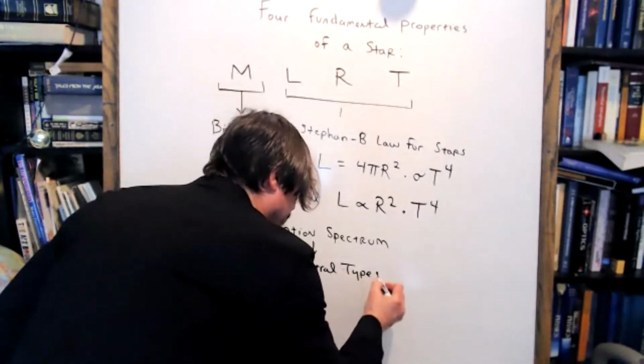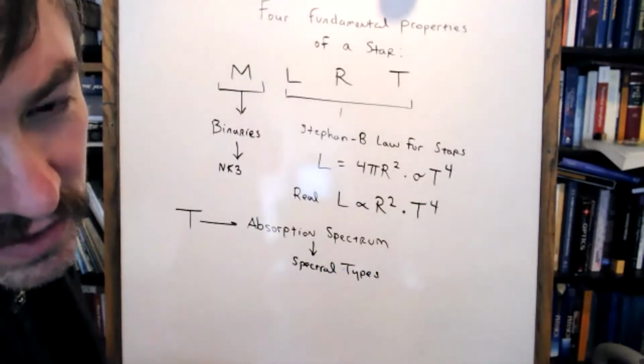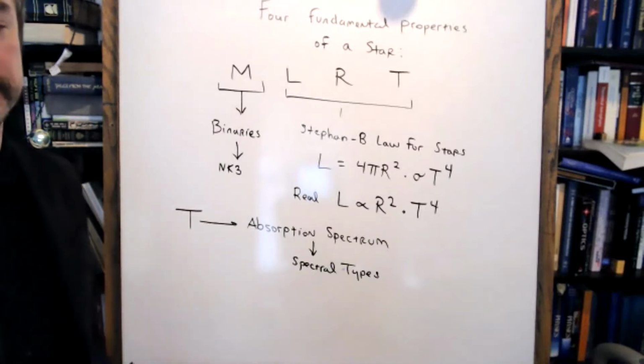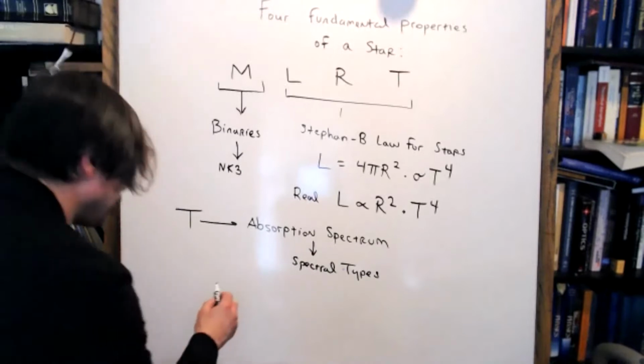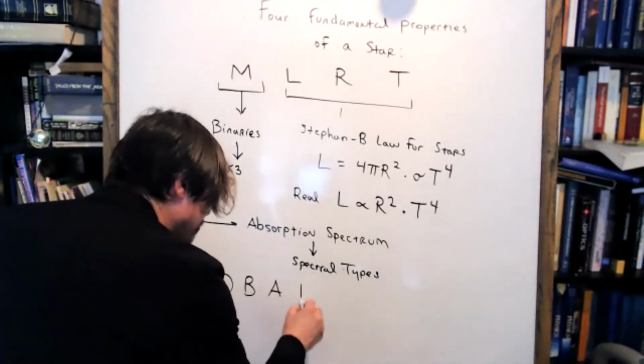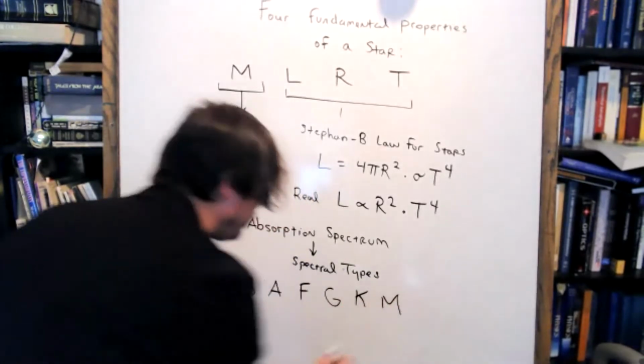And you guys should know the letters that we classify them into, correct? What are the different spectral types of stars? Is it O, B, A, F, G, K, M? Yes. Making me very happy here.